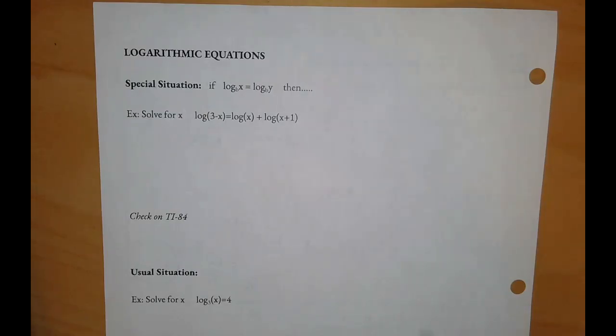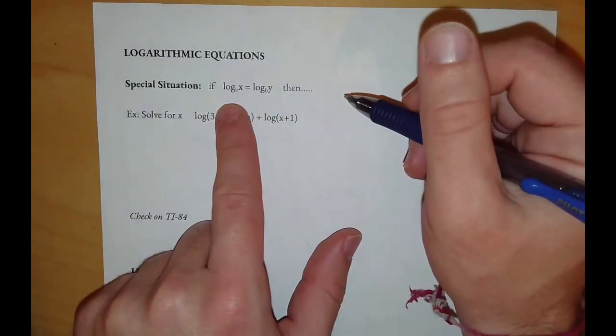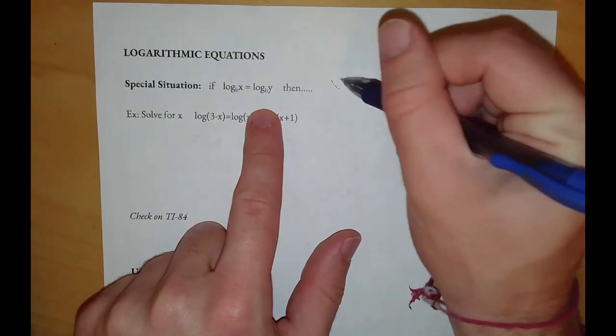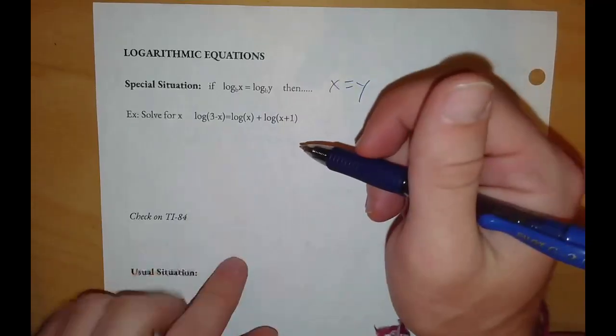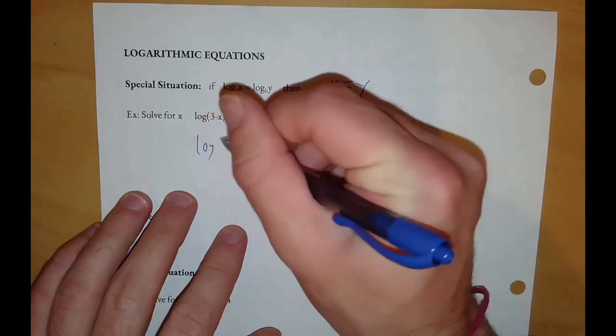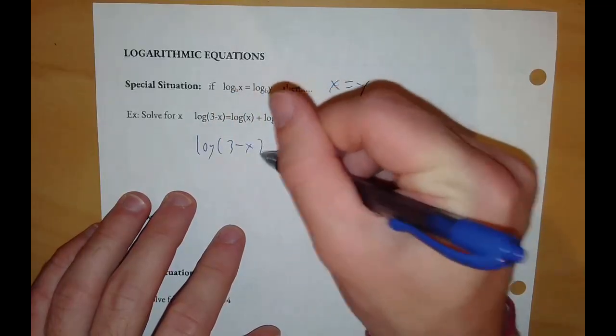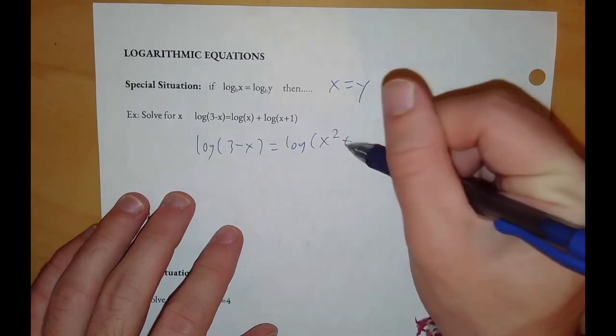There are again two situations, and this is similar to the previous page. This is that same one-to-one concept where if we have the same log base on either side, then x must equal y. So here we can combine these. We can say log of 3 minus x equals log of, and then I can multiply the inside here, x squared plus x.